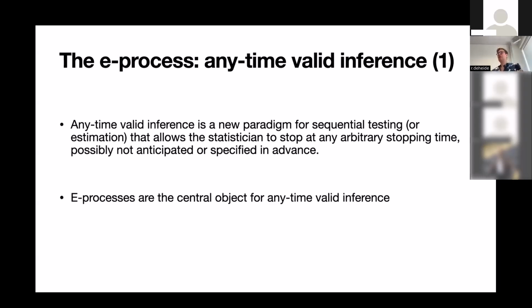So that's the framework of anytime valid inference. And e-processes, which I'll come to in a minute, are the central object for anytime valid inference. And by that, I really mean that you can show that every method for anytime valid inference must be based on e-processes.